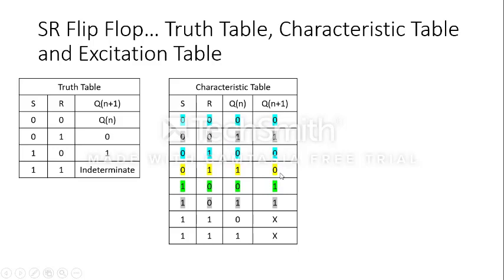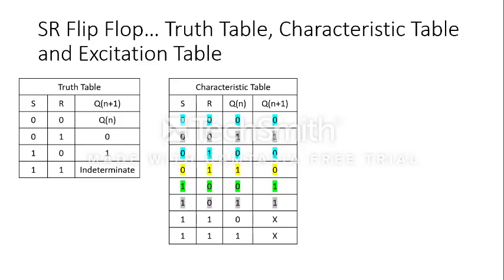Then the next part is when your set is 1 and reset is 0. Again the same thing: irrespective of the other conditions, your present output will be 1. Whether your past output was 0 or 1, your present output will always be 1.